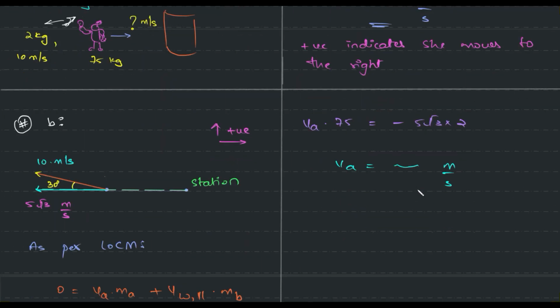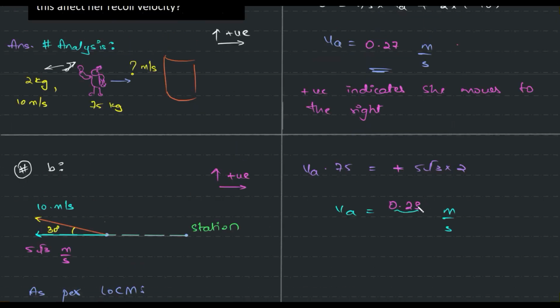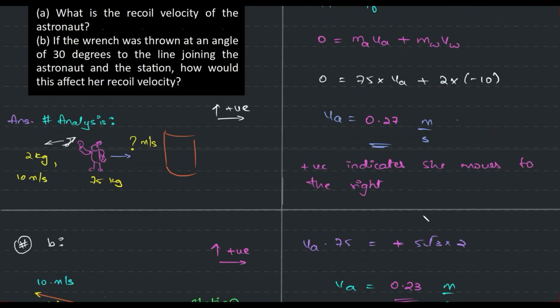While here it would be positive, by the way, 10 times root 3 divided by 75. So you can see clearly, this is 0.23. So her velocity is less, which means she'll take more time to reach. As simple as that. Approximately this. So what is the question?